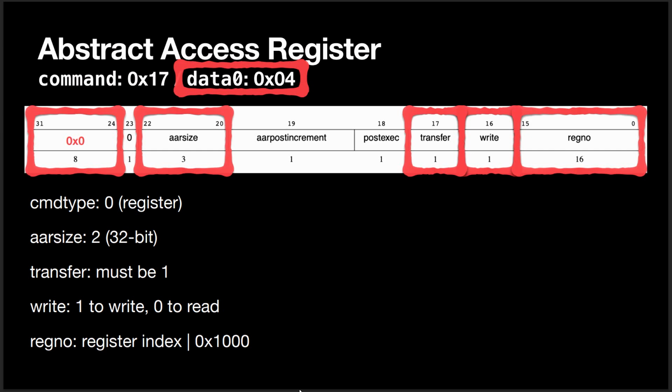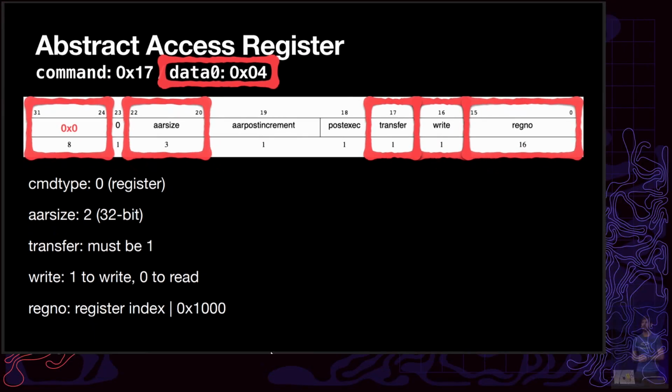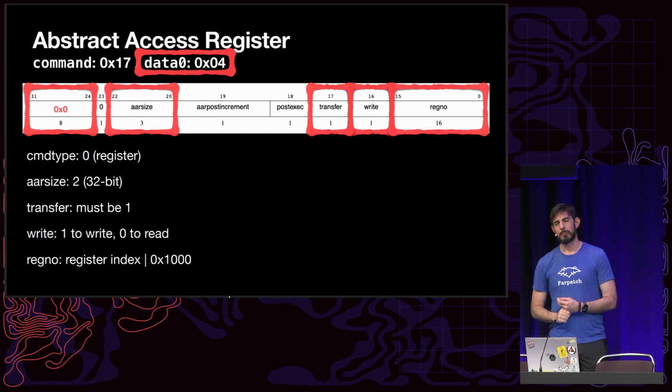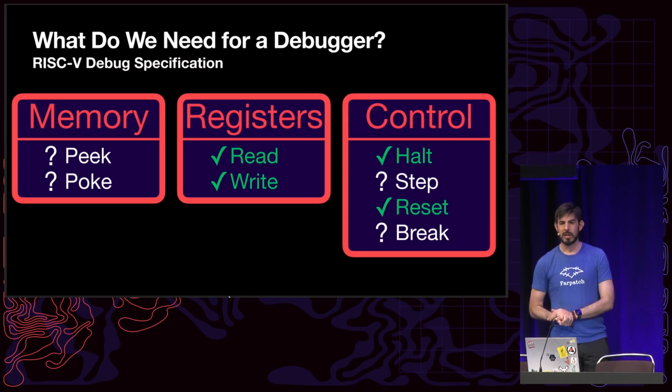Makes sense, except that you have to OR your register with 0x1000, which is kind of weird, okay? So if you want to access register R1, you have to specify the register as 0x1001. Kind of weird. We'll come back as to why that is in a bit. But the data will pop out at data 0, which is at address 4. Okay, great. So now we have the ability to read and write registers.